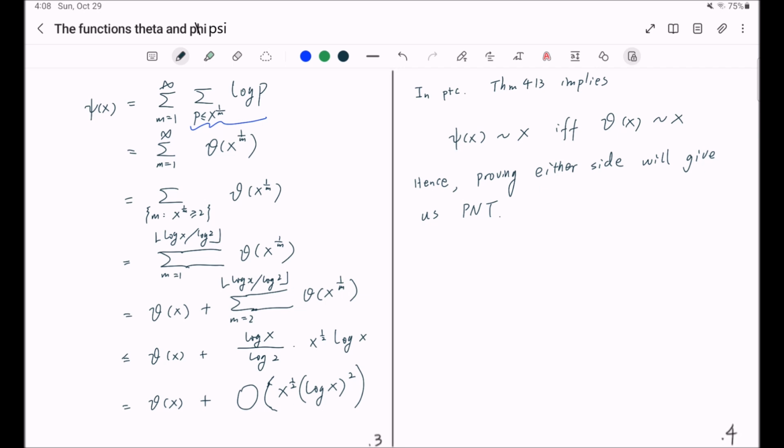However, we're going to show in the next section a weaker statement. We will show that psi of x is asymptotic to x, and theta of x is also asymptotic to x.